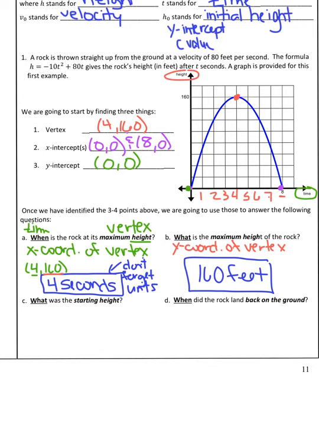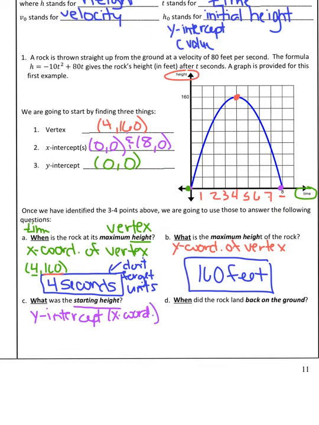It says, what is the starting height? Starting height here, that's our y-intercept. Starting height is always our y-intercept. And we want the y-coordinate of that y-intercept, because the x-coordinate of that y-intercept is 0.